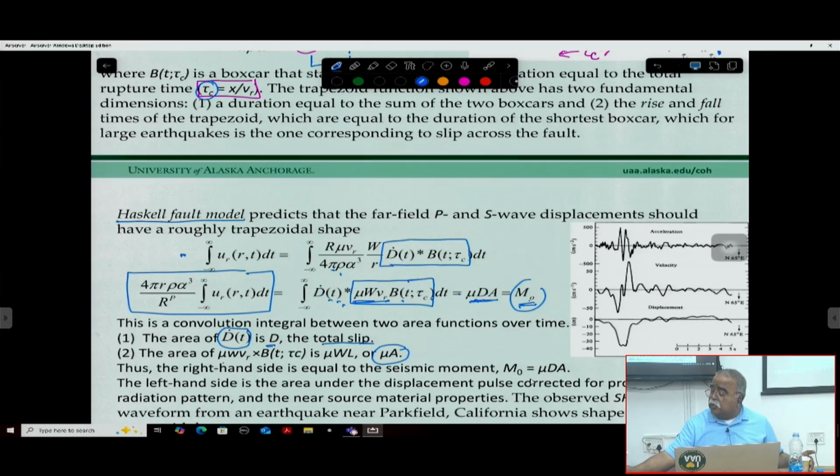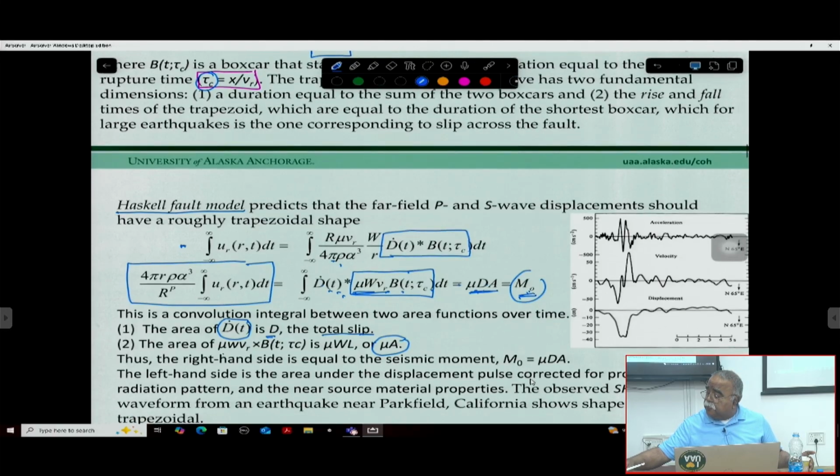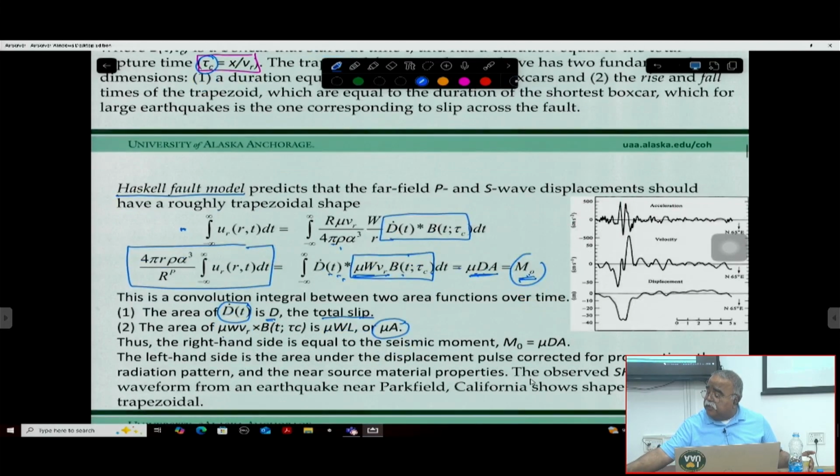So this is equal to M0 into this much. Right? So that's that. Therefore, this side is the seismic moment mu dA, and the left hand side is the area under the displacement pulse, and that is corrected by this one.